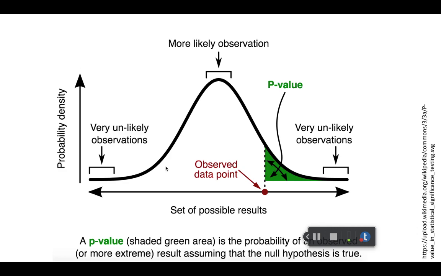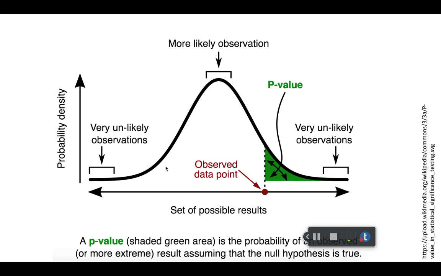So let's say we have an observed data point. Now it's this red dot, and we could have received any kind of result in this sampling distribution, but we got that result. The more likely observations are in the middle. The very unlikely observations are in the tails of the distribution.